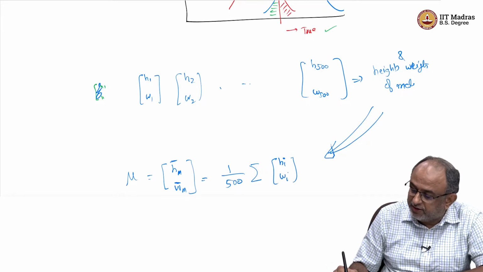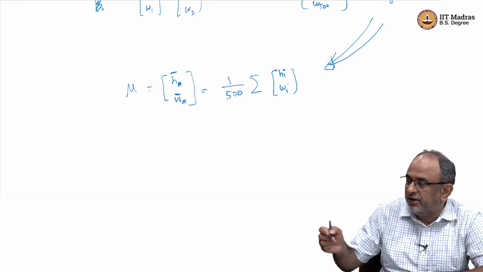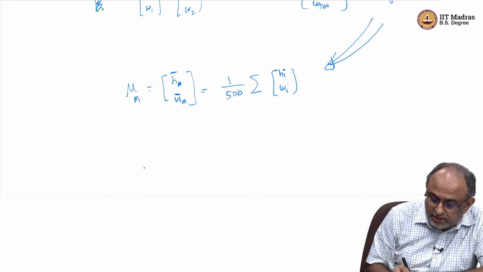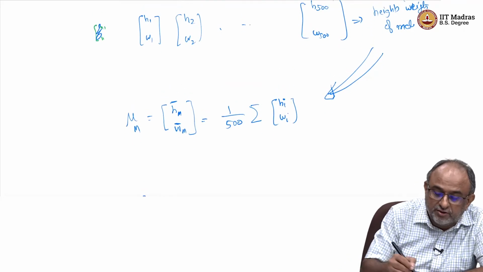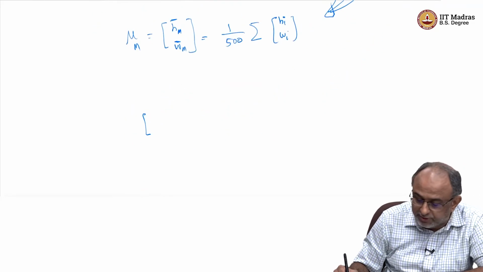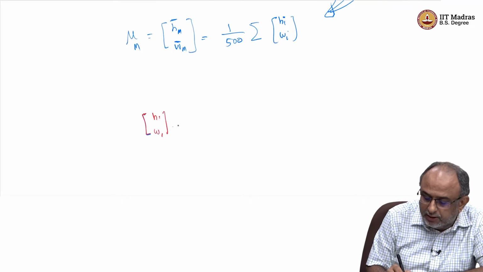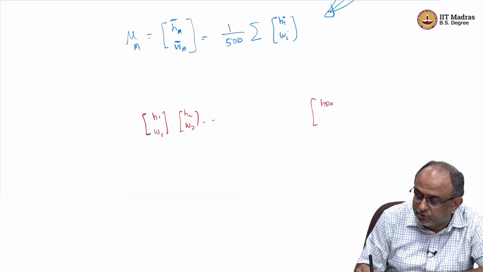And the covariance is a little more complicated, that I showed just now. This is the mu male. Similarly, if I have the red ones, red measurements which are all coming from women, H1, W1, H2, W2, and let's say I measure 500 women here also.